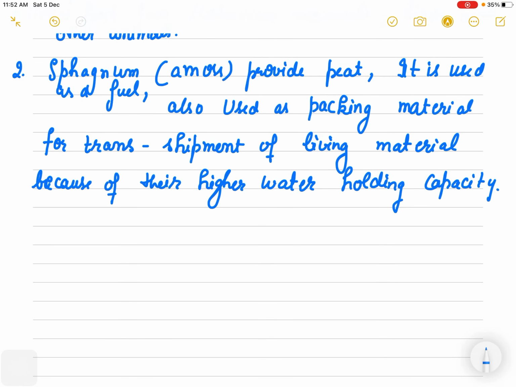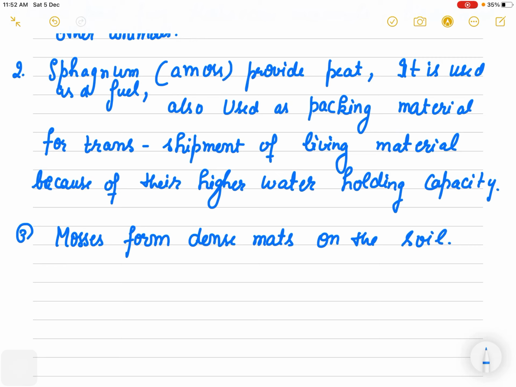Then they also play a major role in grafting. Another very important benefit of mosses is that they form dense mats. As you can see, they are leafy small plants forming dense mats on the soil.